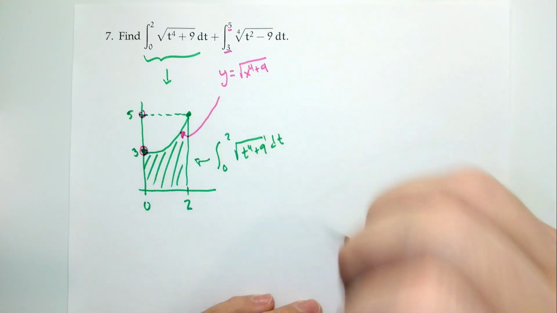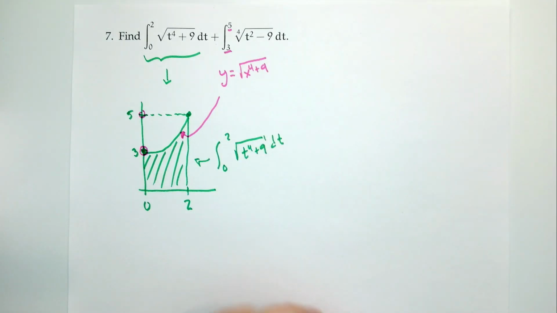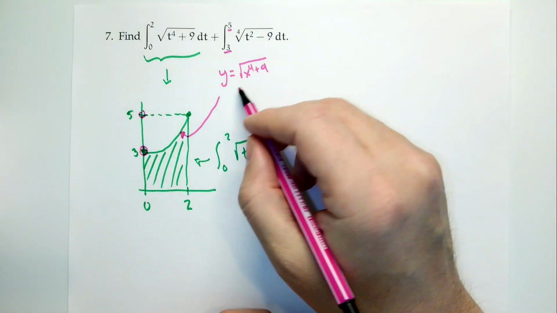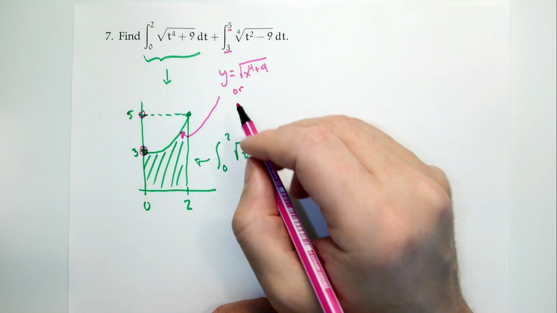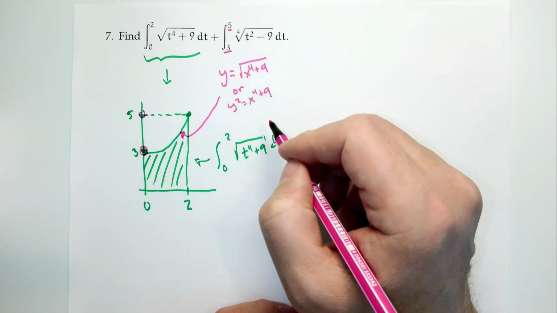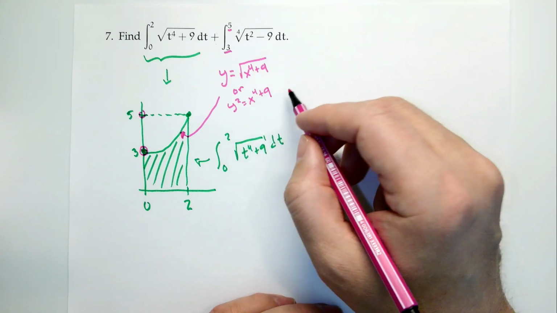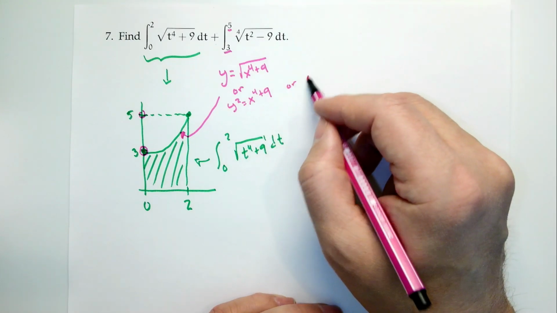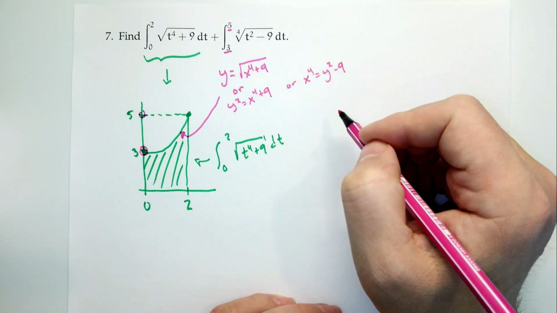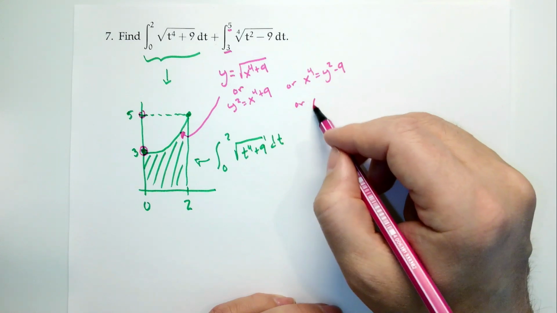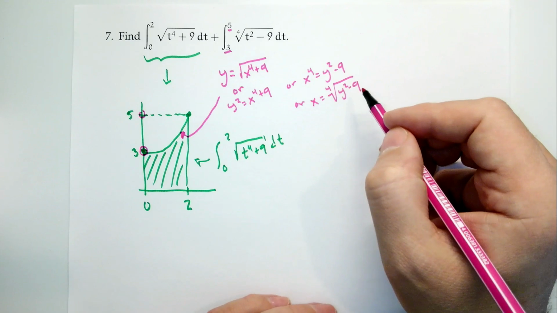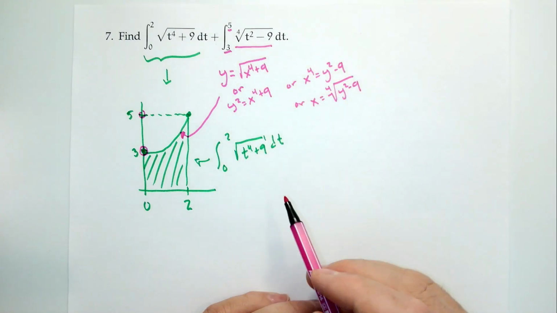What if we were to flip? Because we can integrate either with respect to x, or we can integrate with respect to y. Let's try to solve for x. We could say y squared equals x to the 4th plus 9. I could subtract 9, and I could say x to the 4th is y squared minus 9, right? Or I could say x is the 4th root of y squared minus 9. That's that function.